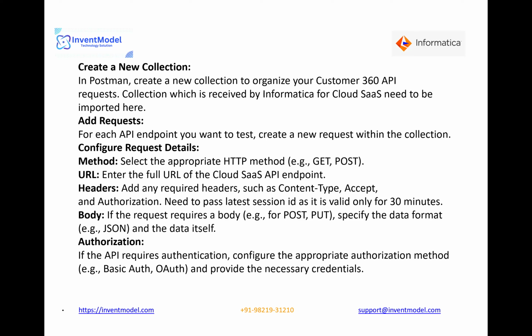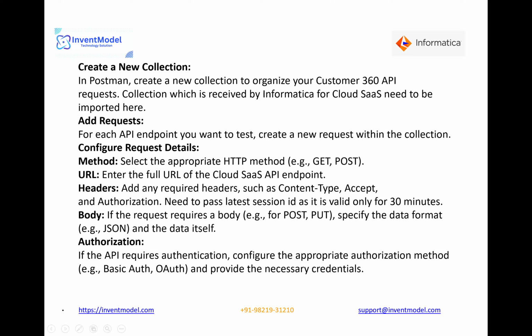To import it, we click on create new collection, and from there will be the import options. Choose that, then choose the respective collection for Business 360, and import it.